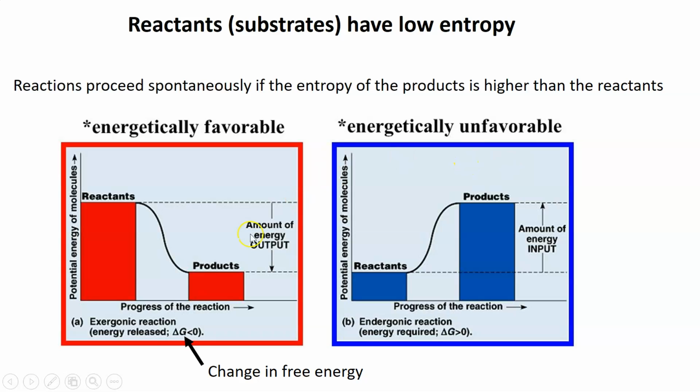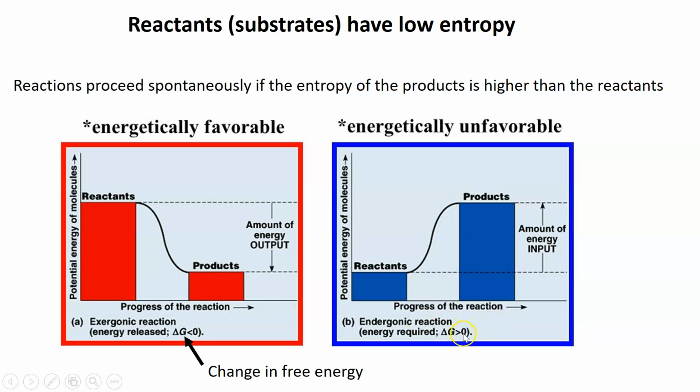Now, in textbooks and all kinds of other reading material that you might come across, you'll come across this delta G, this Gibbs free energy. If the delta G is negative, that means it's a spontaneous reaction.